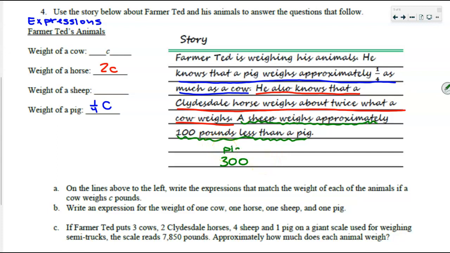If a pig weighs 300 pounds, could you figure out what a sheep weighs? Because a sheep weighs approximately 100 pounds less than a pig. So if a pig is 300, then a sheep is going to be 200. Use that to see if you can figure out the weight of a sheep. Ellie, what did you write?